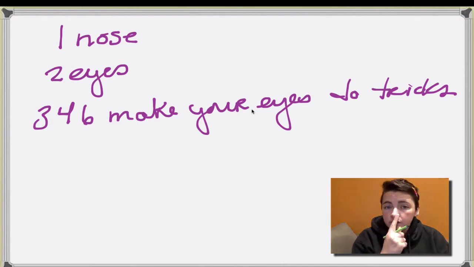So you have one nose, so number 1 is olfactory. You have 2 eyes, so 2 is optic. 3, 4, and 6 all have to do with making your eyes move. So 3, 4, 6 make your eyes do tricks. So those are 2 ways to help you remember some of the function and the order of the cranial nerves.